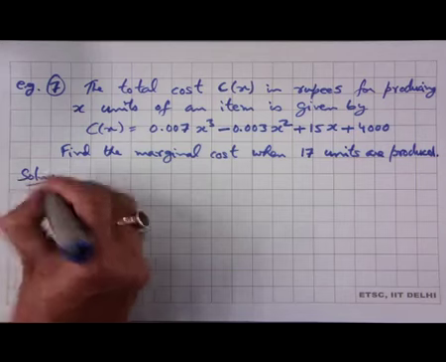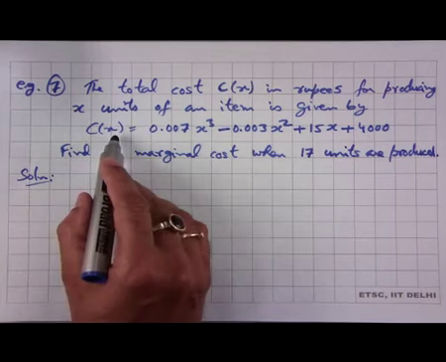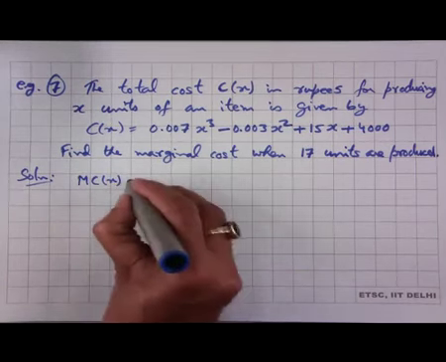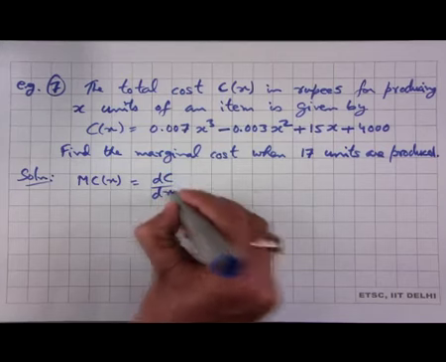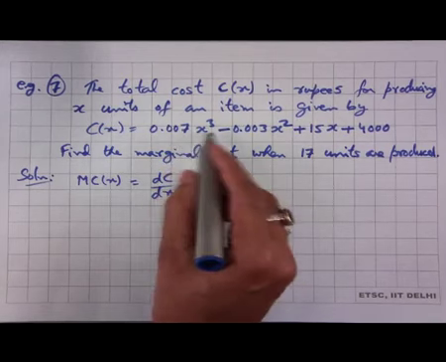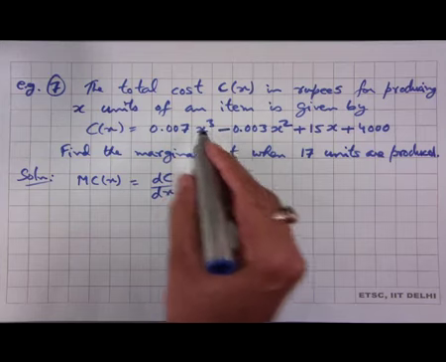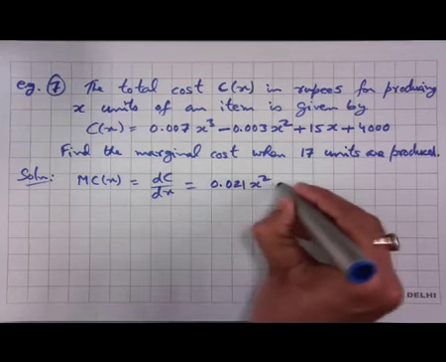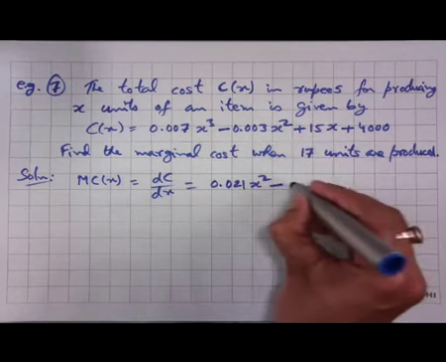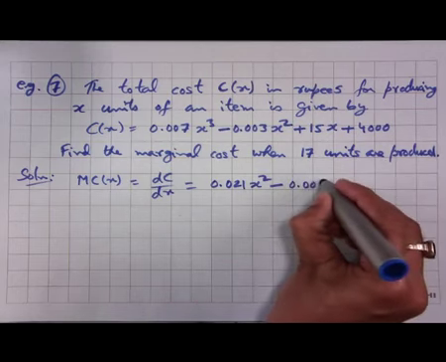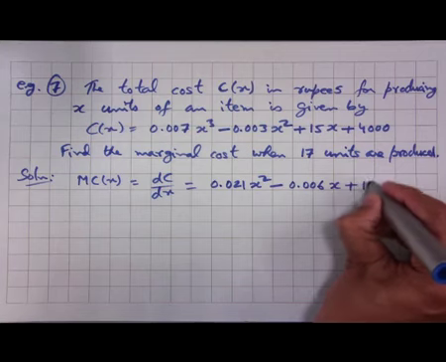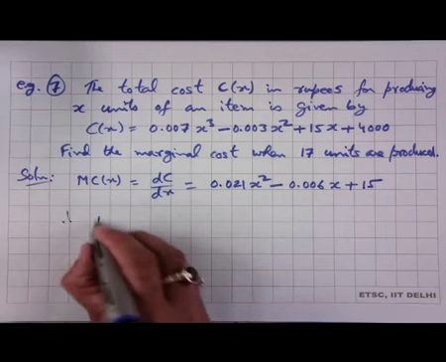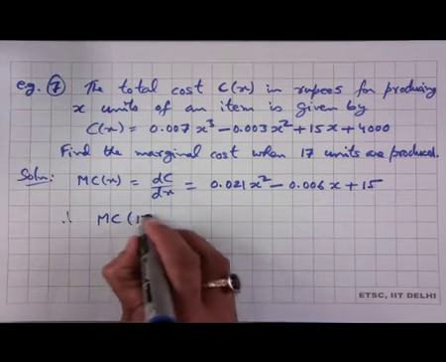So, all we have to do is we need to take the derivative of this cost function with respect to x. So, marginal cost at x is dC/dx, which is equal to, you take the derivative of this. So, x cube will give 3 x square, this is 0.021 x square, minus derivative of x square is 2 x, so 0.006 x plus 15. So, when x is 17, we need to calculate the marginal cost when x is 17.